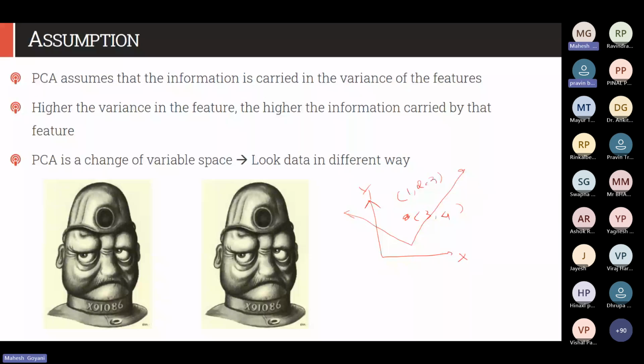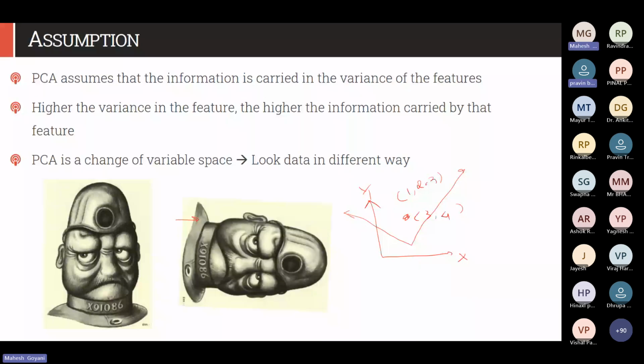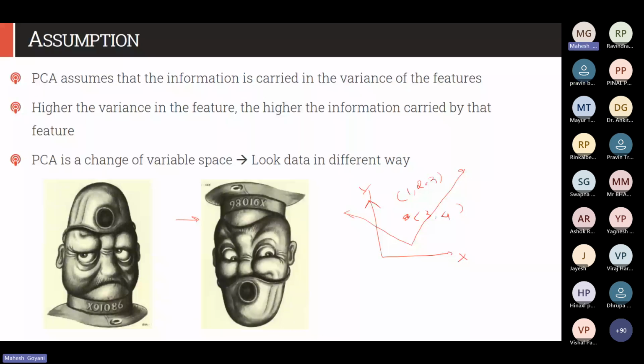So assume that these are the two different data points, and after PCA, this might look like this. Still data is same, but it appears in a different way because we have changed our viewpoint. So that is what we are trying to do in our PCA analysis, that we are simply changing our coordinate system and then projecting the data so that we can maximize the variance.